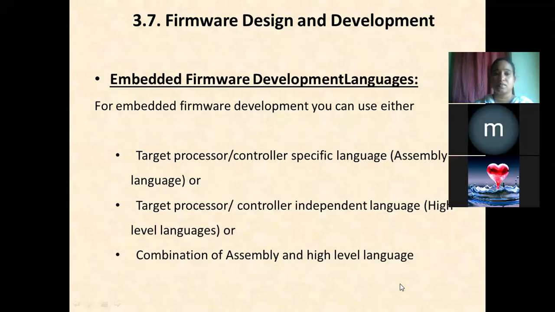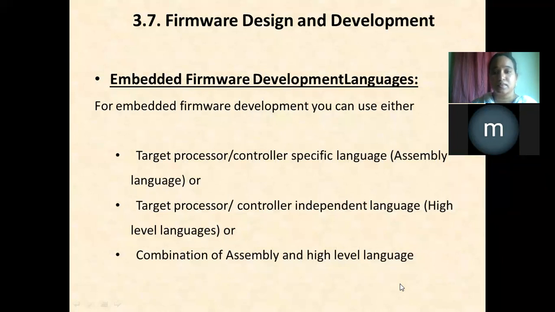Target processor or controller specific language, also called assembly language. Target processor or controller independent language, also called high level language. And a combination of assembly and high level language. In another way, you can also say processor dependent language, processor independent language, and a combination of both.